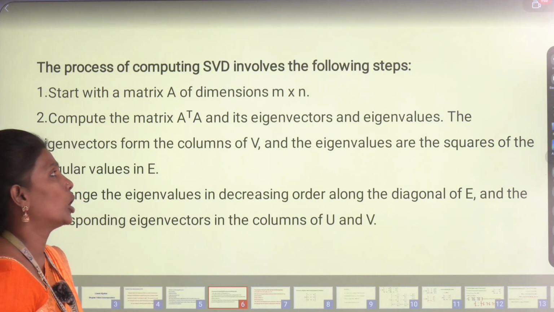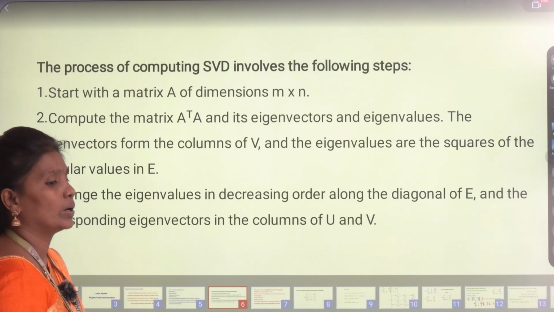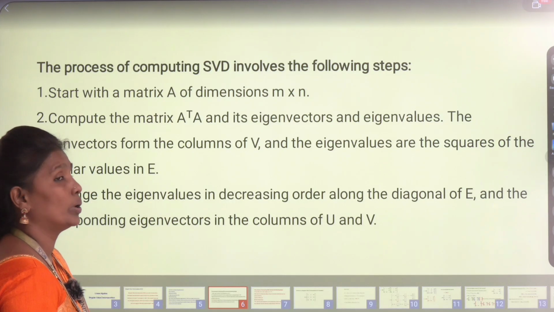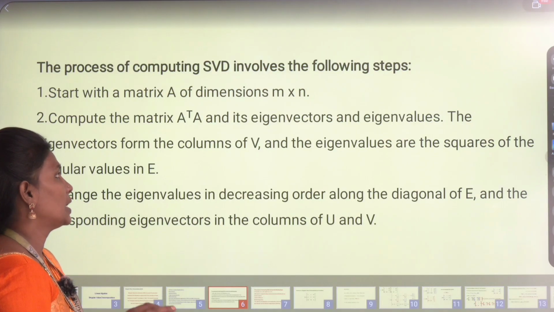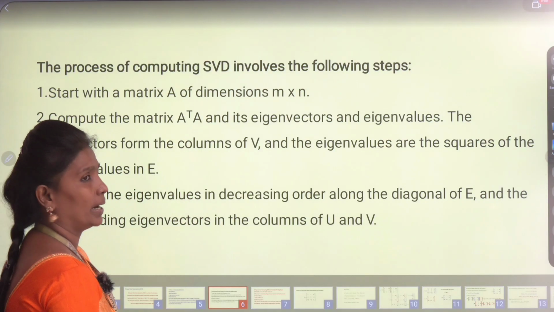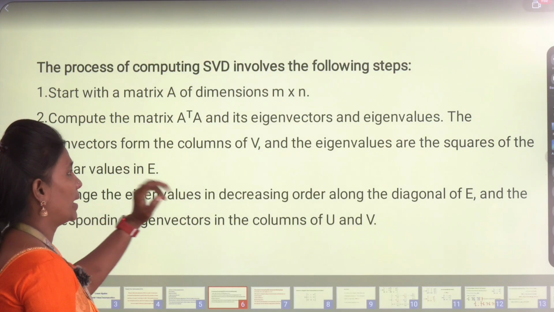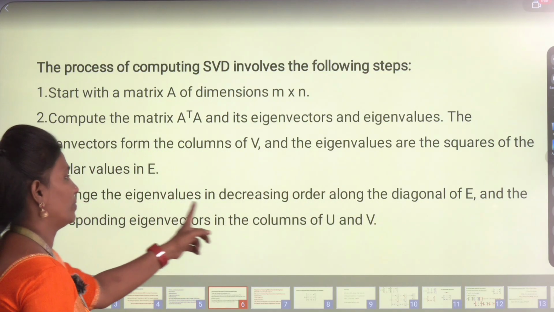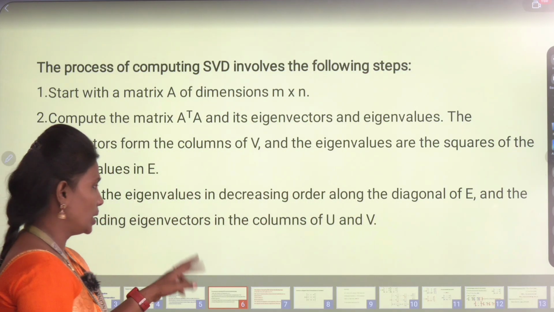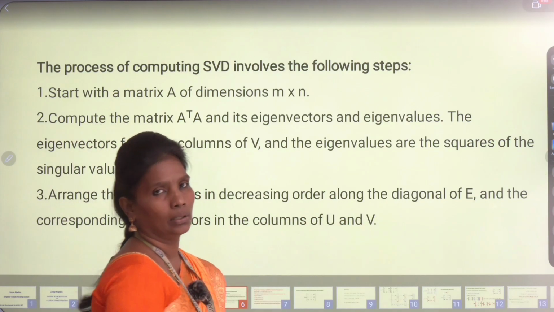These two are orthogonal. A transpose is obtained by interchanging the rows and columns. Already we have A; multiplying gives that orthogonal matrix. By using that orthogonal matrix, you find eigenvalues. For the corresponding eigenvalues, you find the eigenvectors. By using those eigenvectors, you form U and V.